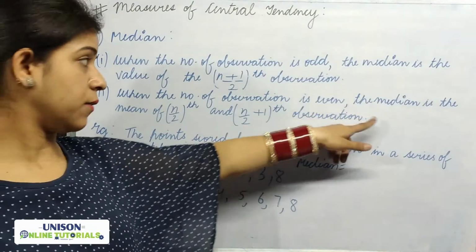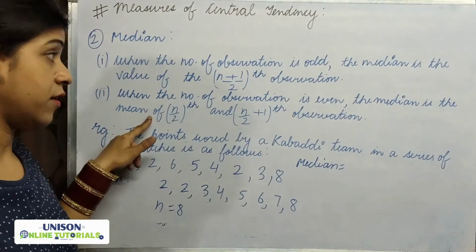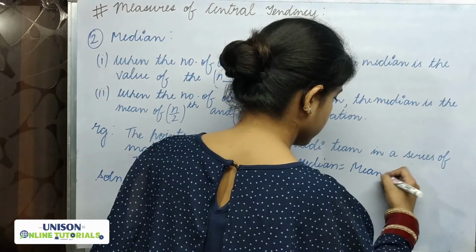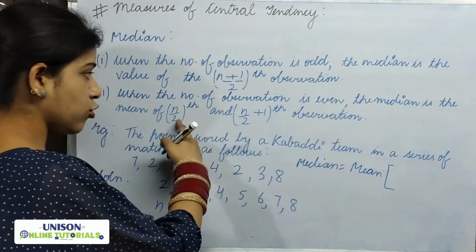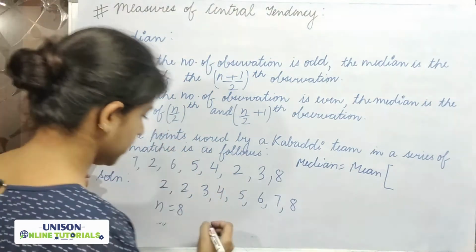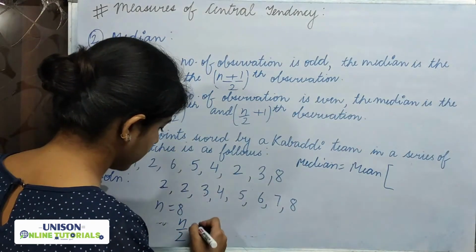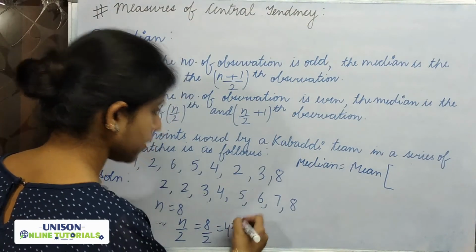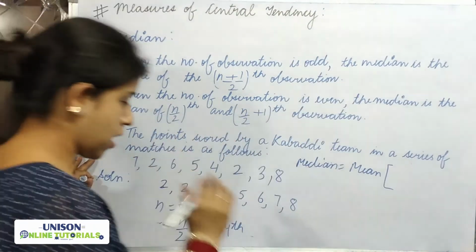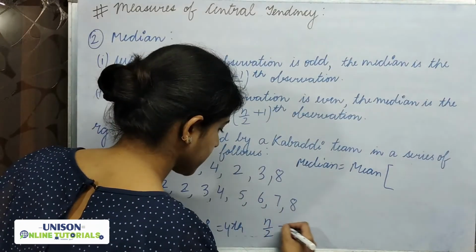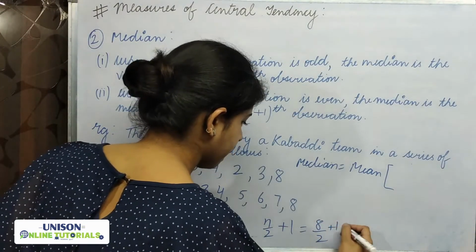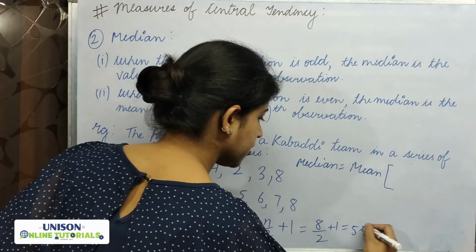Now what will be the median? The median is the mean of the n by 2th observation, that is 8 by 2, which is the 4th observation, and n by 2 plus 1, that is the 5th term.